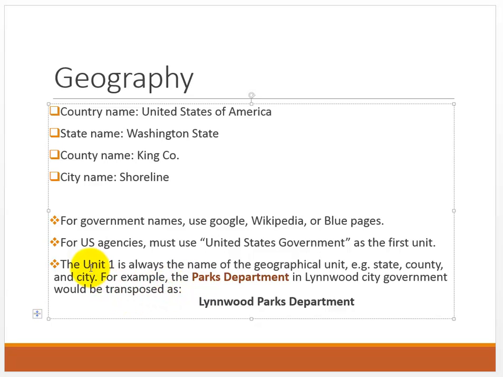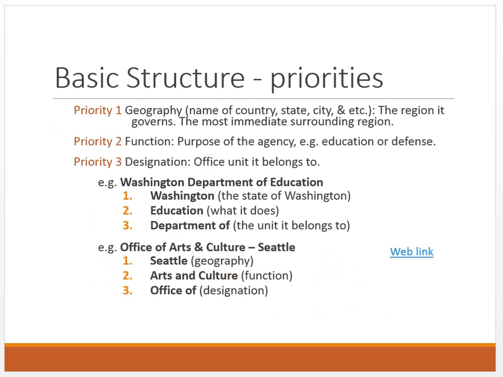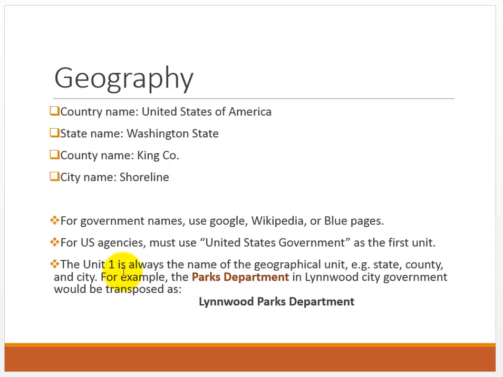So unit 1 is always the name of a geographical unit, because geography is priority number 1, and then function and designation follow. Unit 1 has to be the name of a geographical unit, for example state, county, and city.